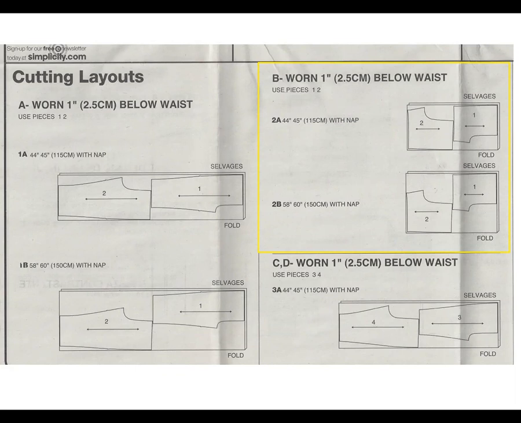You won't have something upside down on one leg and right side up on the other leg. So you want to look at this and go, okay, there's a fold and our selvage edges meet. I call that folding it hot dog style. So it's going to be a long, skinny piece of fabric as opposed to a short, wide piece of fabric.